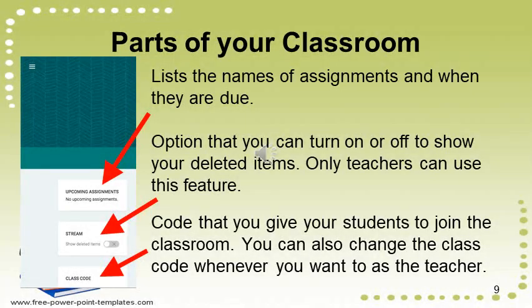In your Google Classroom panel, you will see various different announcements, assignments, stream, and class code. This is the information the students need in order to join the class, monitor the assignments and postings, and also the submissions that they are required to make.